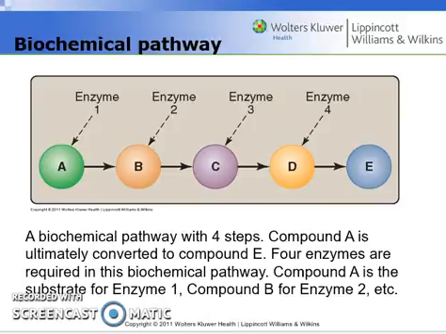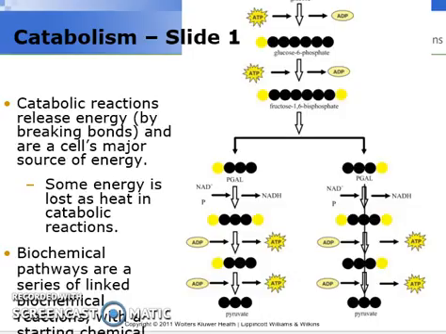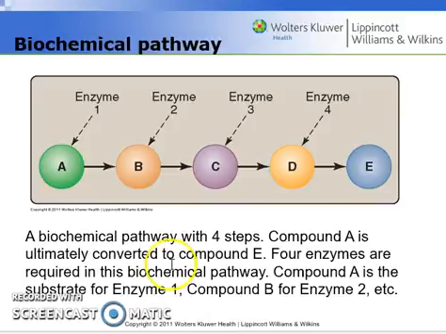Okay, so biochemical pathways exist as a series of steps, just like I showed you in this example of glycolysis. And these steps are only made possible when certain enzymes exist to catalyze these reactions.